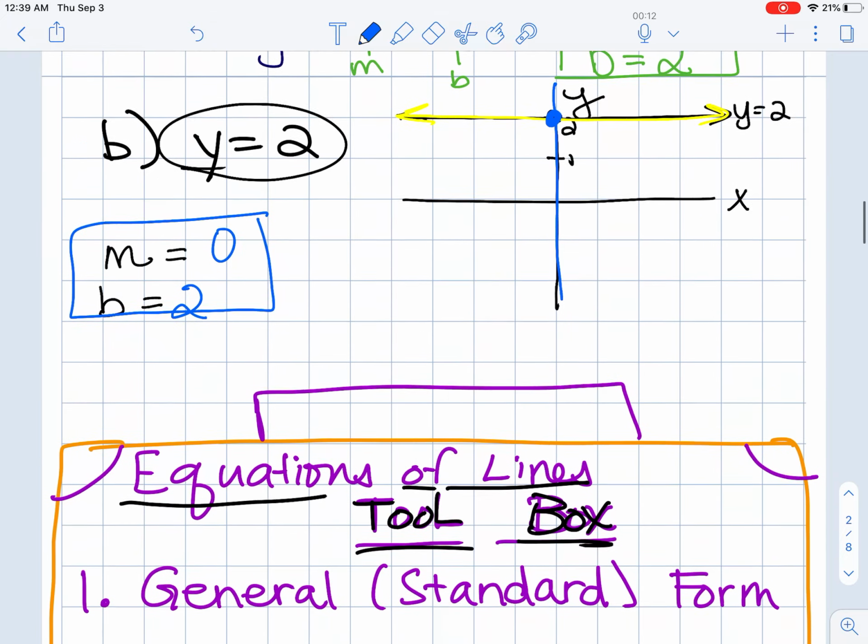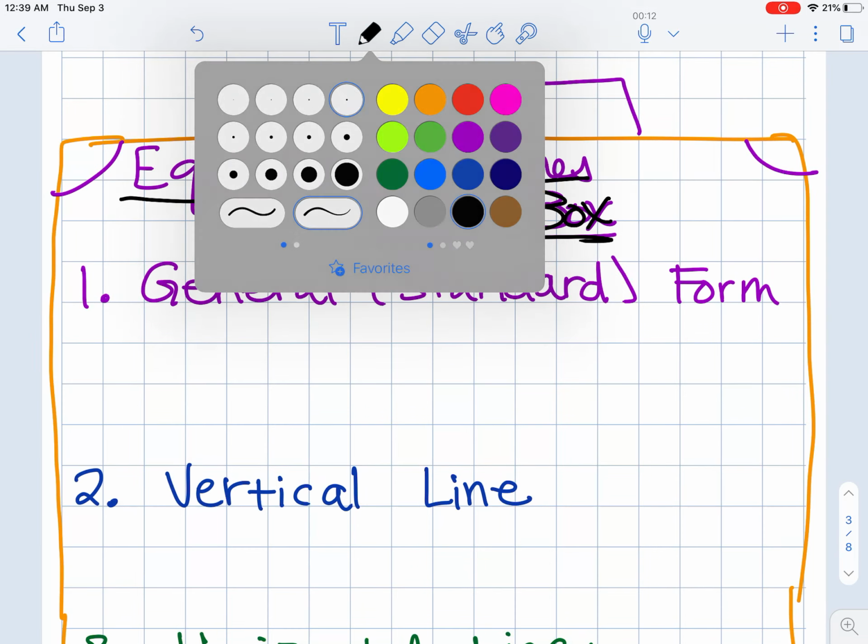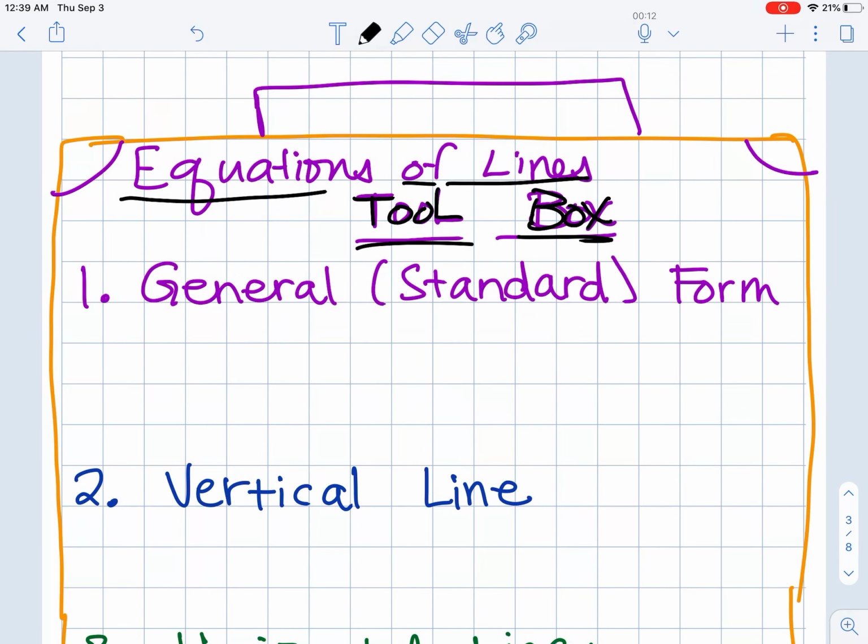Okay, moving on. It doesn't look very great, but this is our toolbox for all of our equations of lines that we're going to see. The first one, that you've probably seen before, hopefully, is the general form, which is ax plus by plus c equals 0.